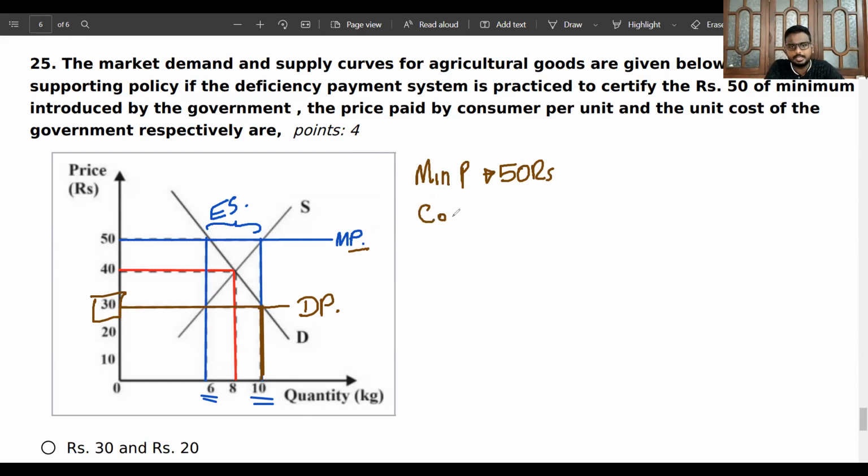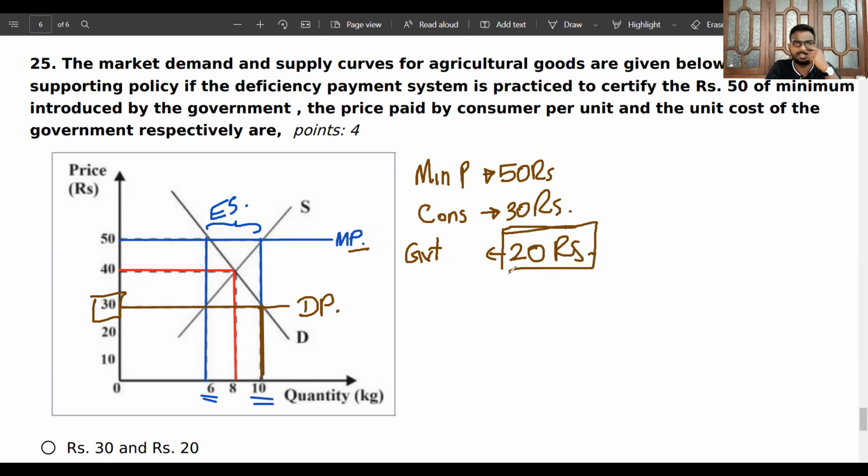Out of that 50, consumers have paid only 30 rupees. So there's a deficiency of 20 rupees here when it comes to what was promised to the producer. Now that amount government will pay for every single unit. This amount that the government pays for every unit that is sold by the producer is called deficiency payment.